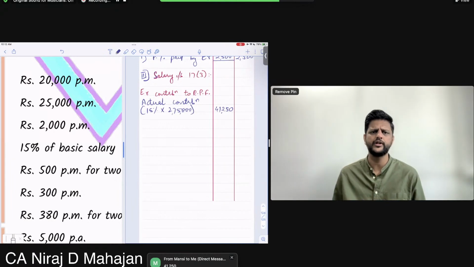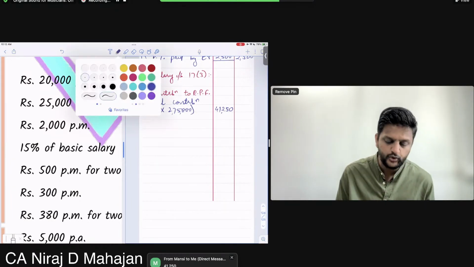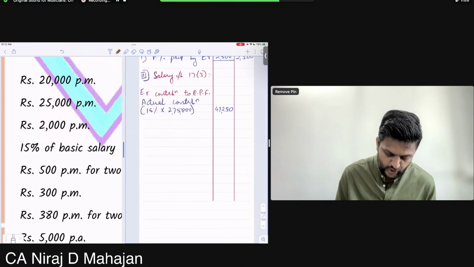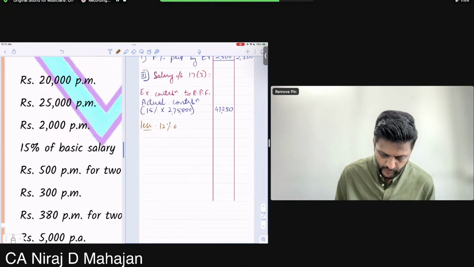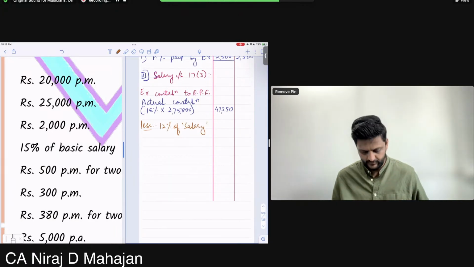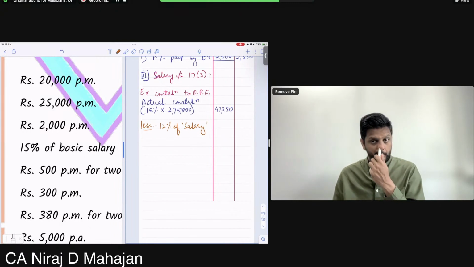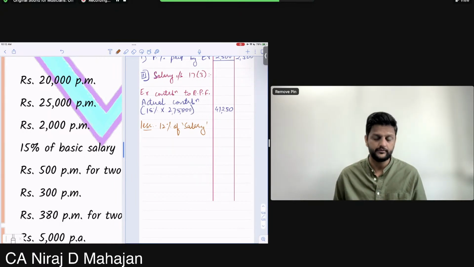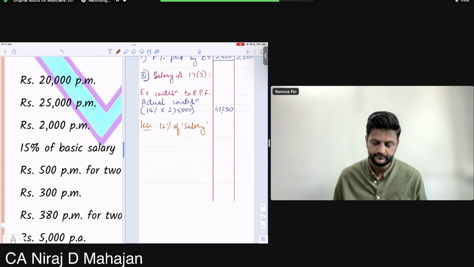This is the actual figure, so there is no problem about it. Referring to the rules, it is exempt or less, 12% of salary. Important. You will tell me your salary for this purpose is what? Is it HRA salary?